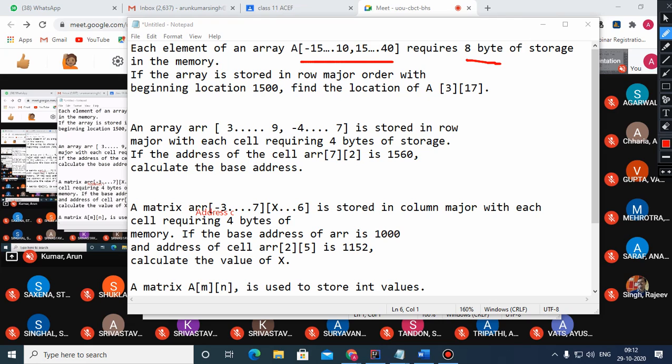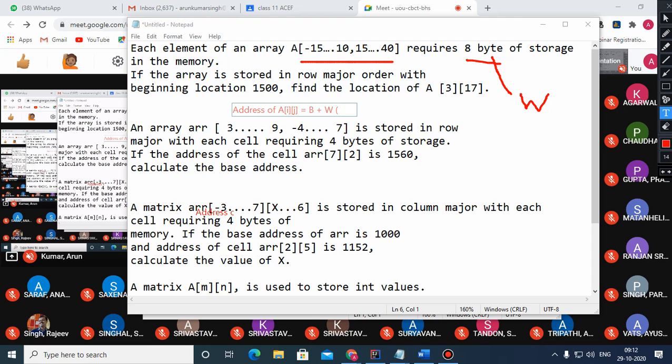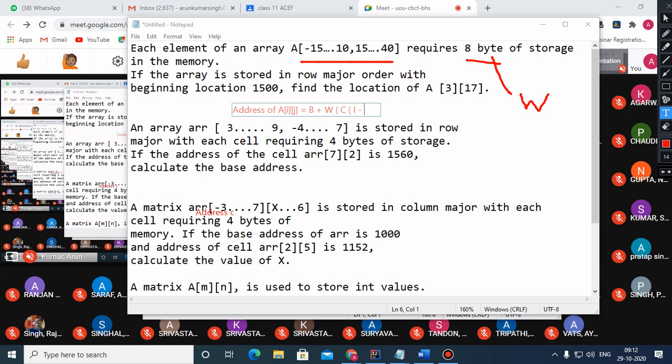So first of all, this 8 byte is the word length, which is W. If you see this formula again, address of A of ij is equal to base address plus word length times C times I minus LR plus J minus LC. This is the formula. So this W, which is word length, the question clearly says that each element of this array requires 8 bytes of storage. So this is W.